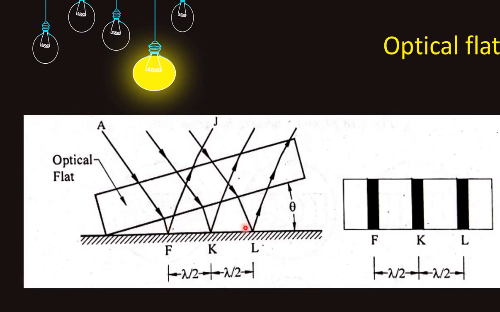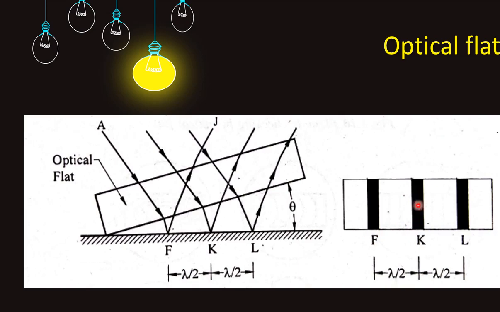As we move along the wedge to the right side, to points K and L after point F, the value of h goes on increasing, and hence the phase difference between the two rays will go on increasing from lambda by 2 and will reach lambda at some point.